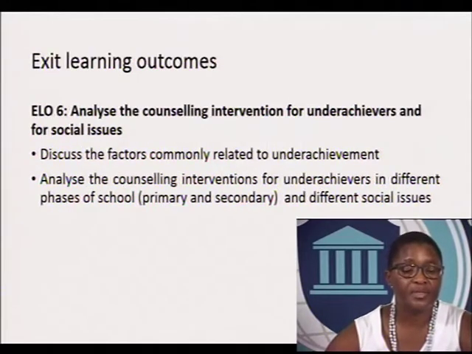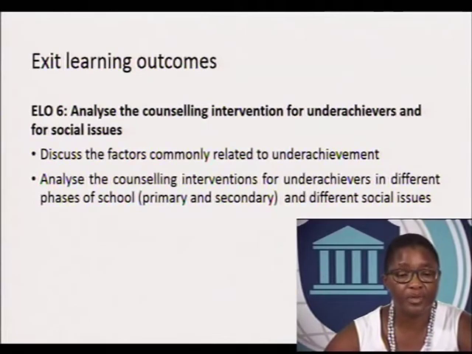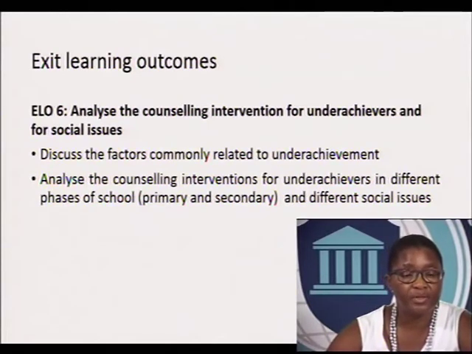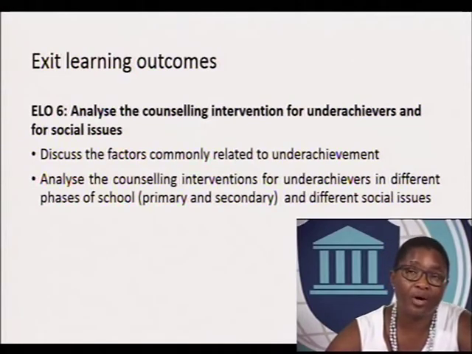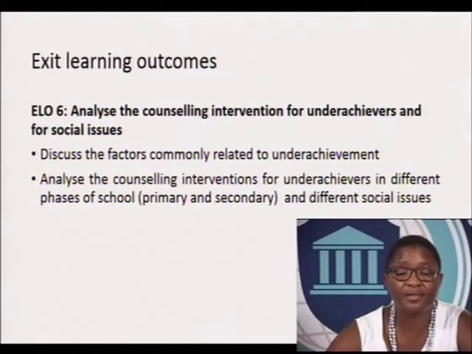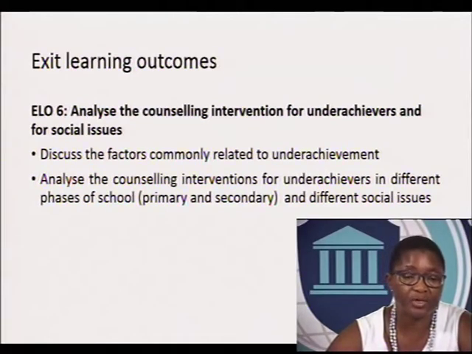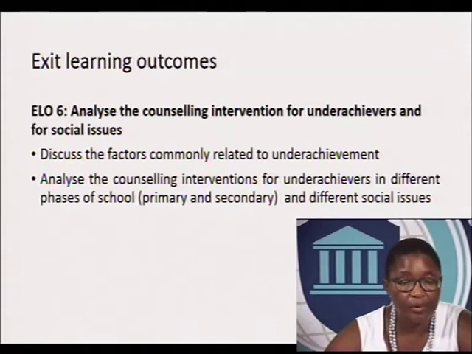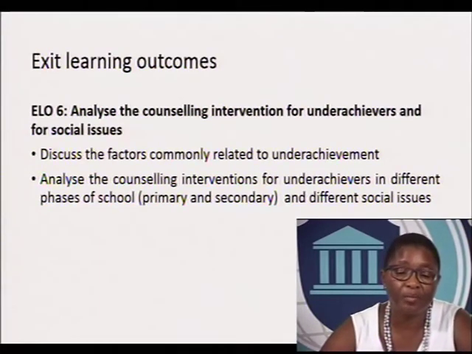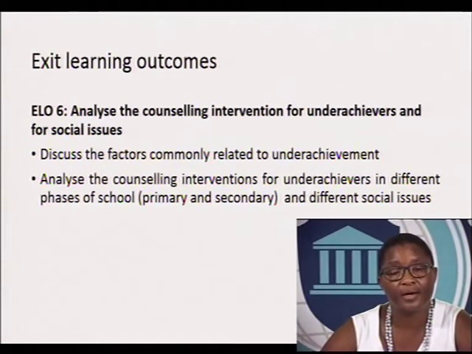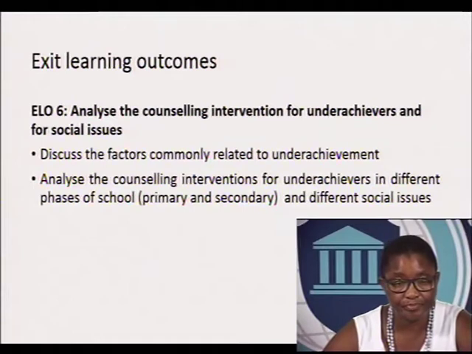And then Unit 6, exit learning outcomes. By the end of this unit, you should be able to analyze the counseling intervention for underachievers and the social issues. We are looking at discussion of the factors commonly related to underachievement.